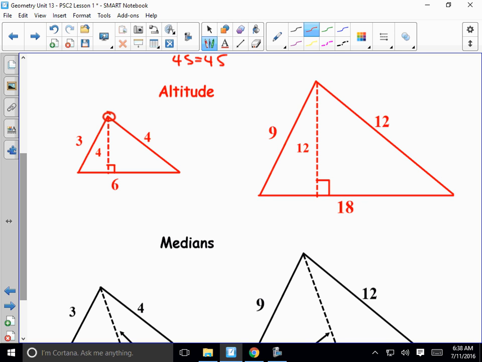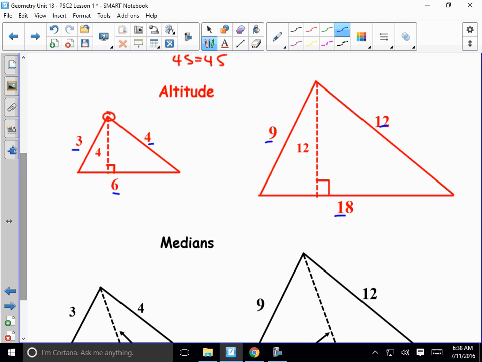Now, if we move to the altitude, we're starting at the tip or vertex point of the triangle. We're dropping down at a 90-degree angle here. So we have a perpendicular line to the opposite side. And, once again, we can tell based on the 3 measurements, this is still a 3, 4, 6. This is a 9, 12, 18. We know that those are similar triangles.